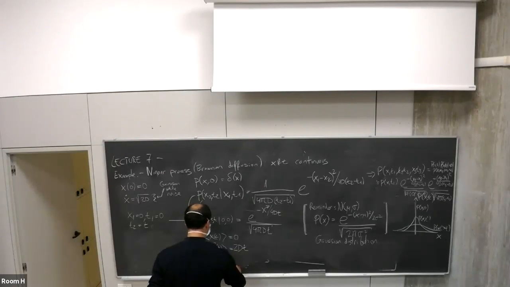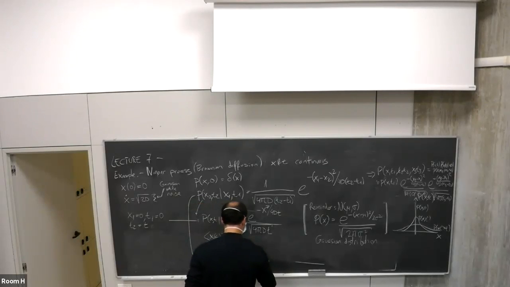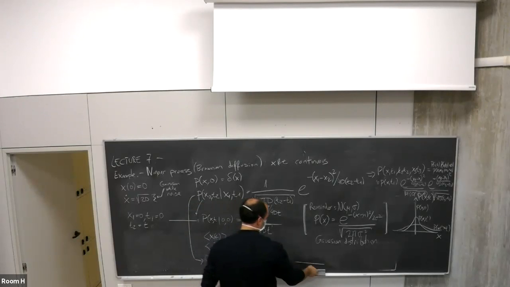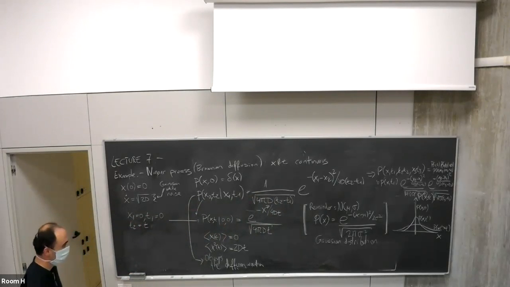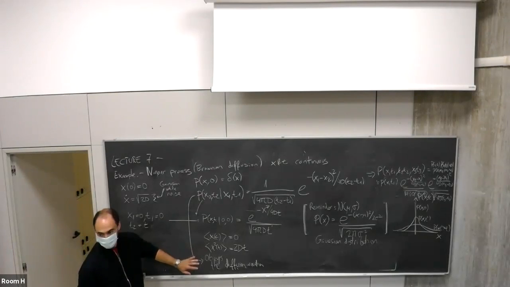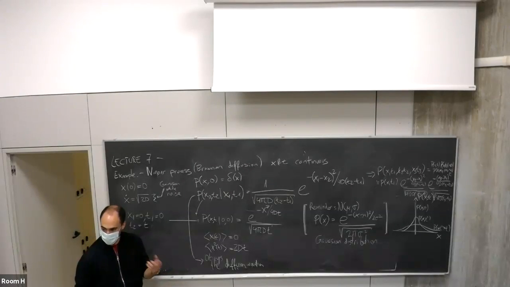Diffusion equation. Does someone remember the diffusion equation or have some idea? Are you familiar with this? You could think it's this, but in reality there's a diffusion equation for the probability itself.